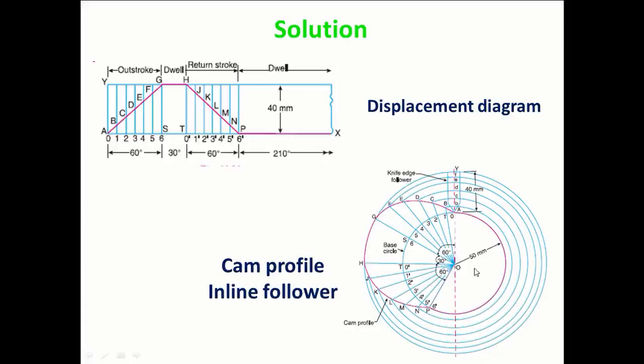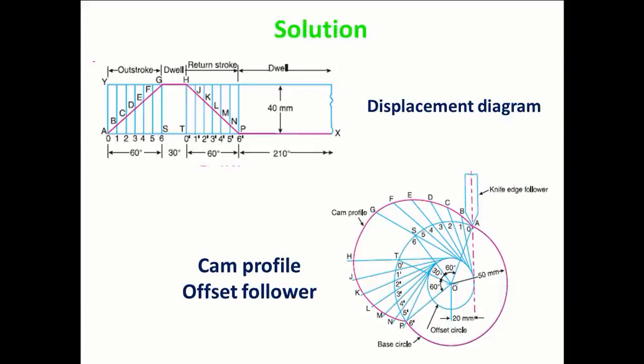Similarly, in the cam profile, only the cam profile has to be maintained thick. All other lines must be represented using very thin lines. And this is the solution for inline follower. Then we have the solution for the offset follower.